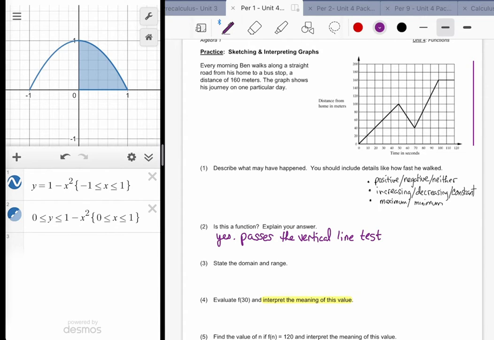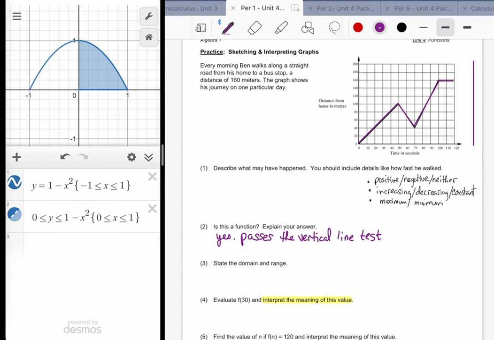The domain and range, the domain is the set of all possible values of x. The range is the set of all possible values of y for which the graph exists. All right, I spent a lot of time with IXL working on this. So anywhere the graph exists, we would indicate the x values.